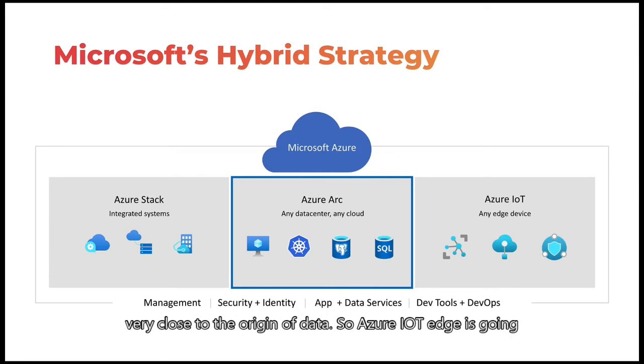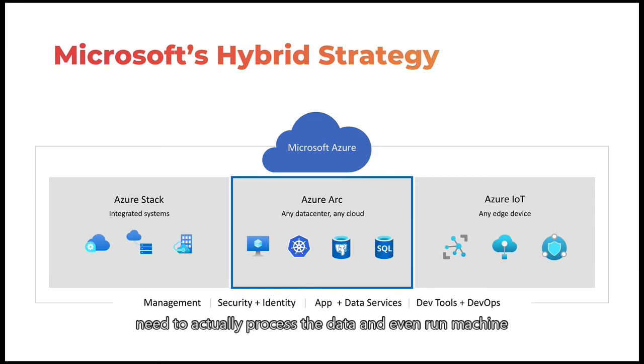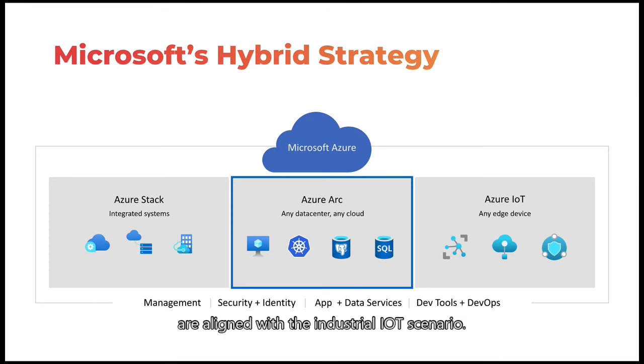So Azure IoT Edge addresses the scenario of bringing compute, storage, and analytics very close to the devices and sensors that need to process the data, and even run machine learning models, perform inference, and quickly do complex event processing, all of that staying close to the origin of data. That is typically aligned with the industrial IoT scenario.